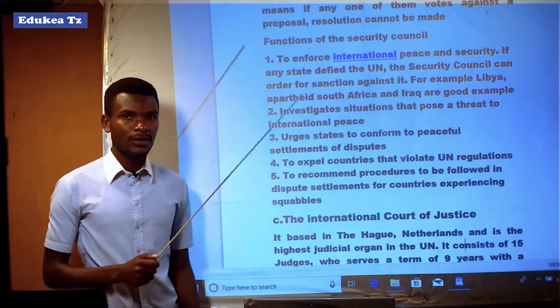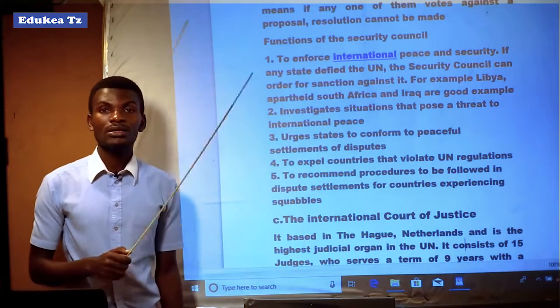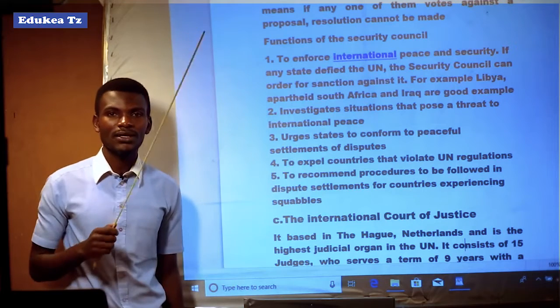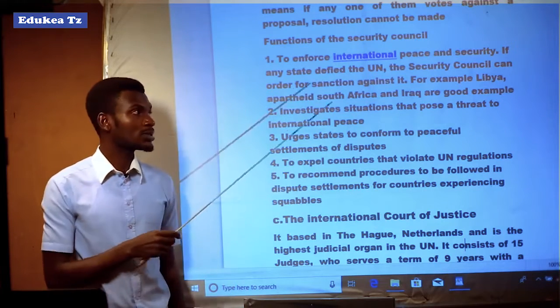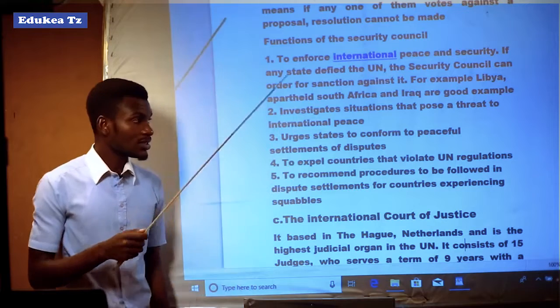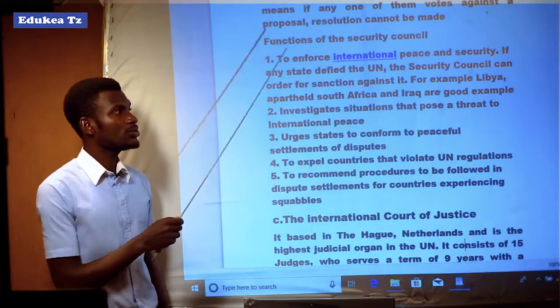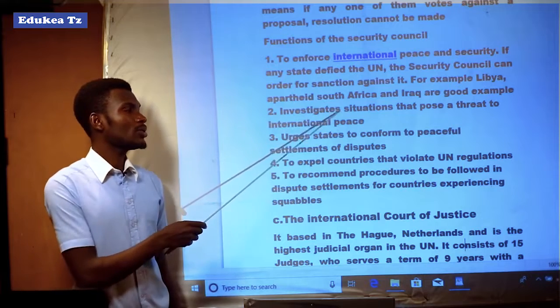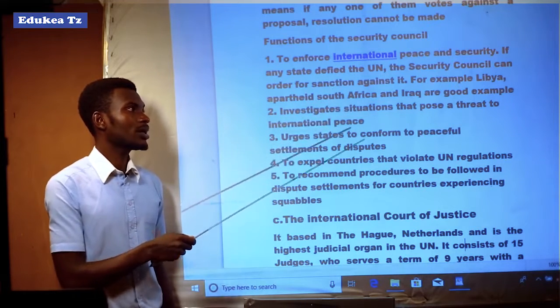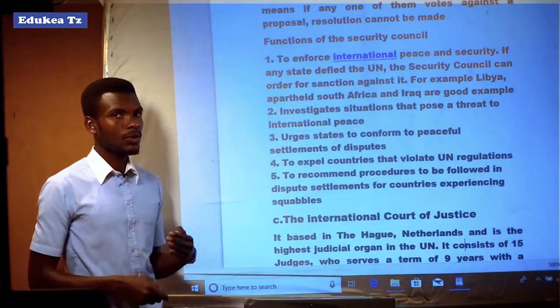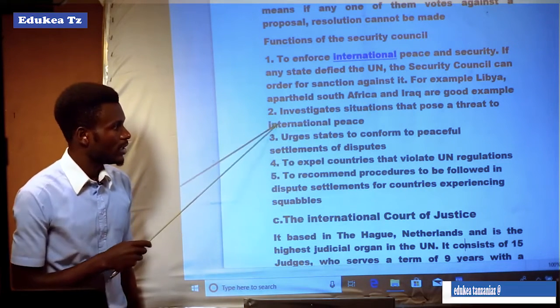Even in Libya, Muammar Gaddafi was regarded as a dictator, but was not a dictator. He was a good African leader, but the UN Security Council entered the situation taking place in that country, and they decided what they wanted to do.